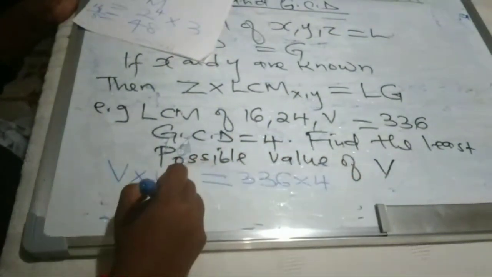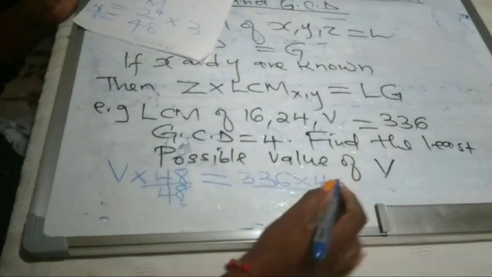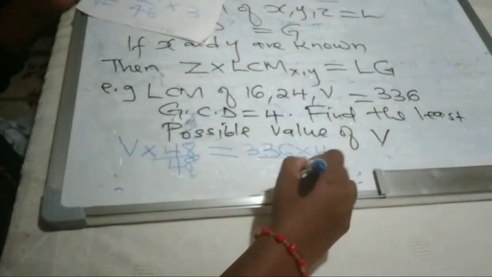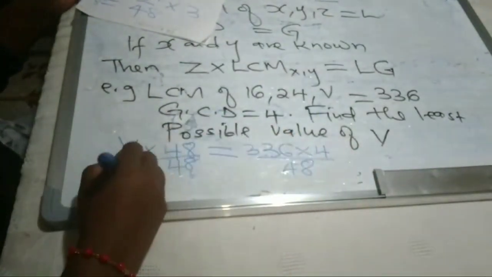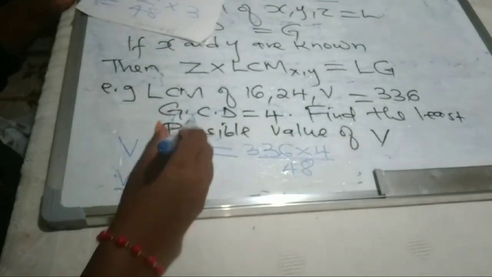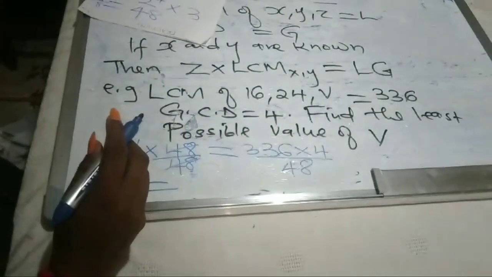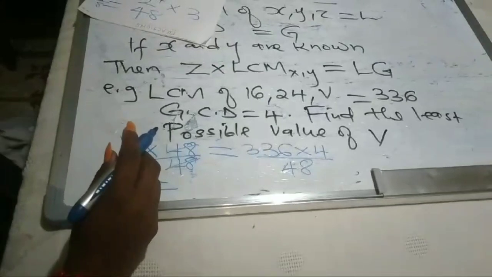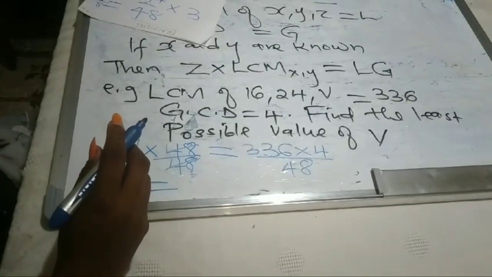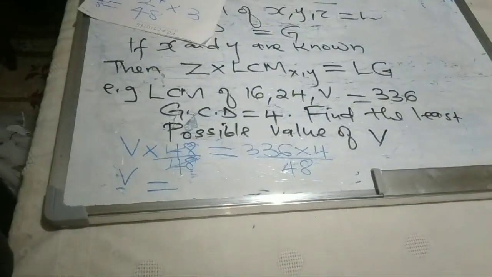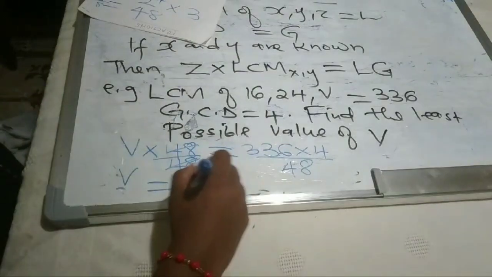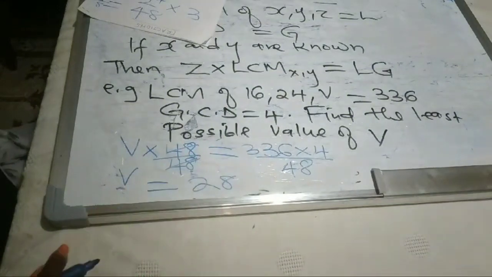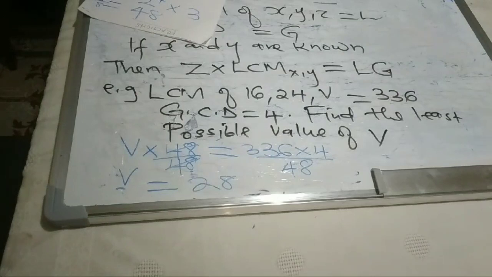Then from there we can calculate our V. Divide by 48, divide by 48. So our V will be equal to 336 divided by 48, which from the calculator gives us 28. So the value of V is 28.